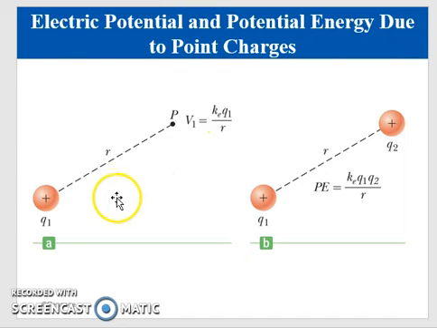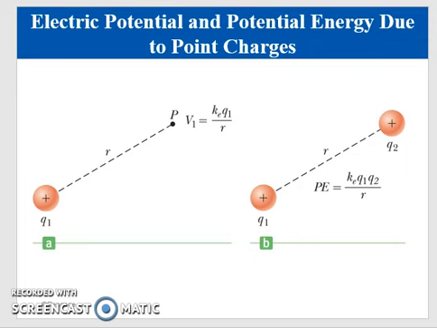If I have a collection of charges, I might have a Q here, another Q here, and another Q here, and each of those Qs is going to have its own unique r. Hopefully I'd be given the charges and the distances from the point P, and I just take all of those individual calculations and add them up. That would be the potential due to that collection of point charges.